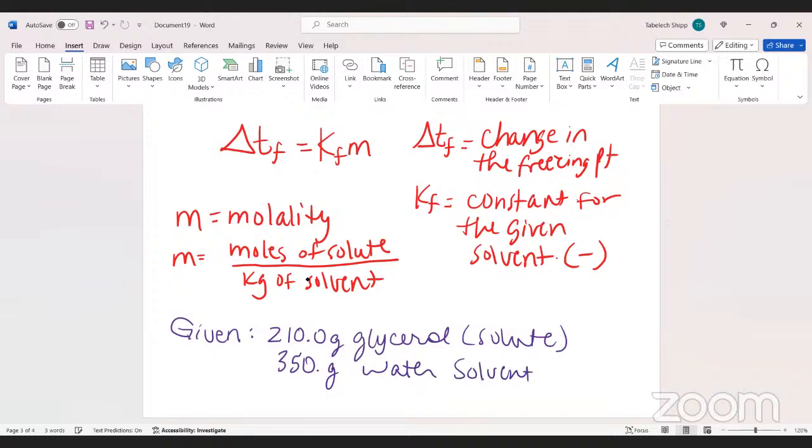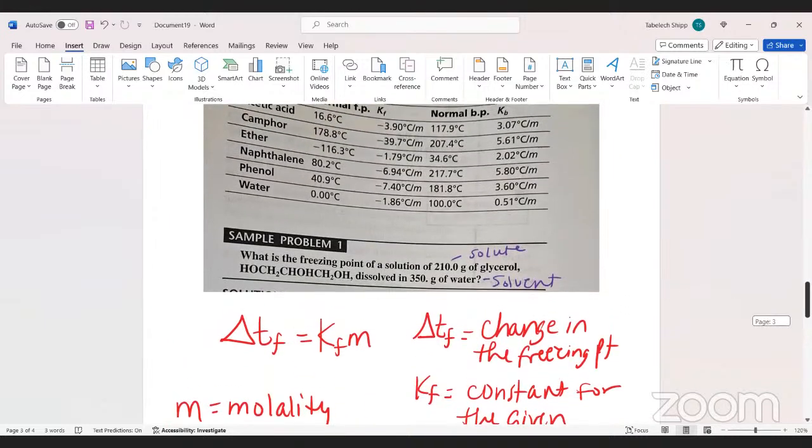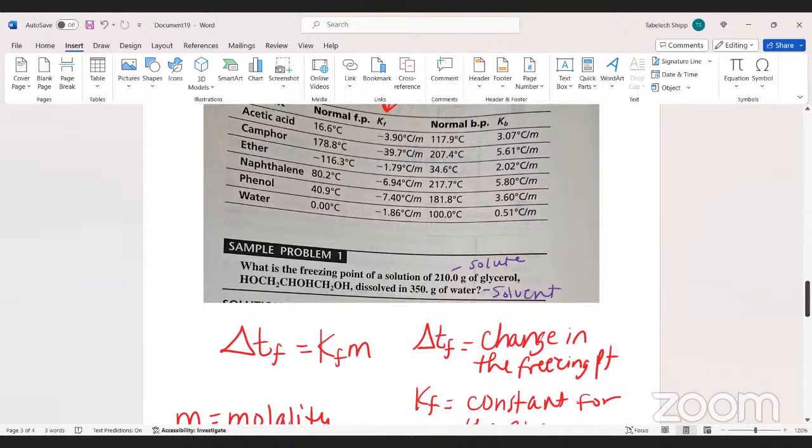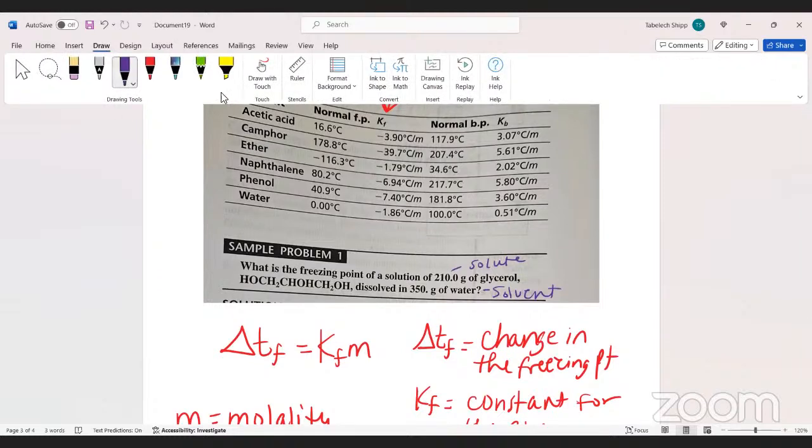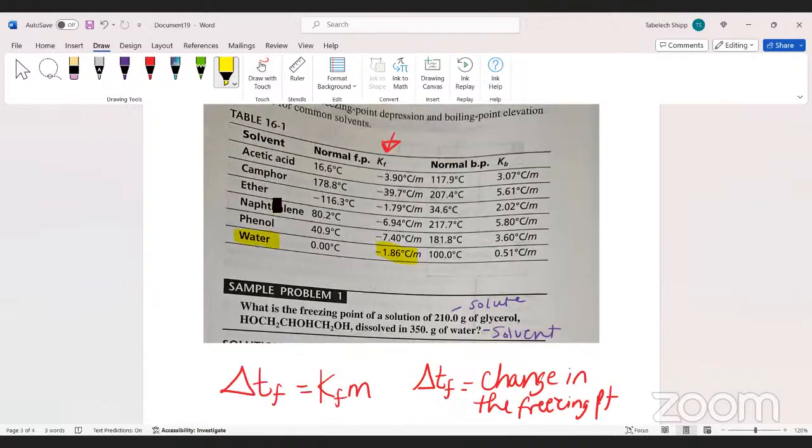Now, what I'm going to do also, I'm going to go back up here to the chart, and I'm going to take the number here, that negative 1.86. Let me highlight that so you all can see that. I'm going to take this number because this is the number for our solvent that we're going to need, up here in this chart.